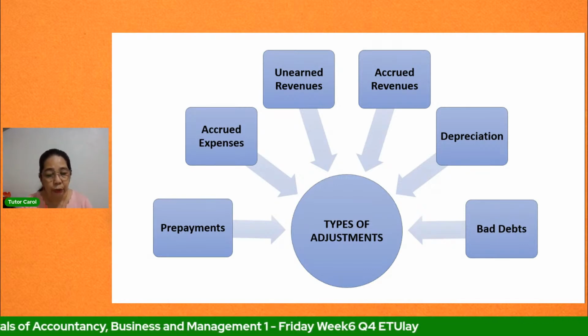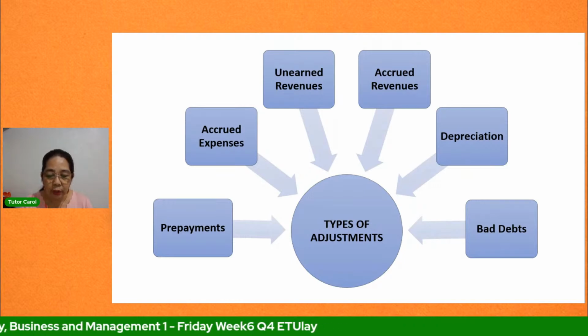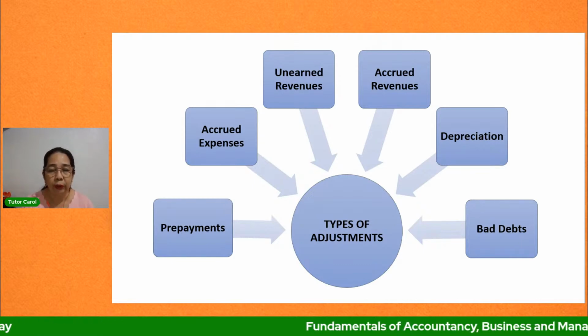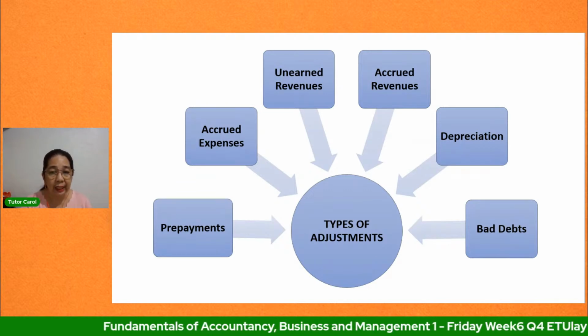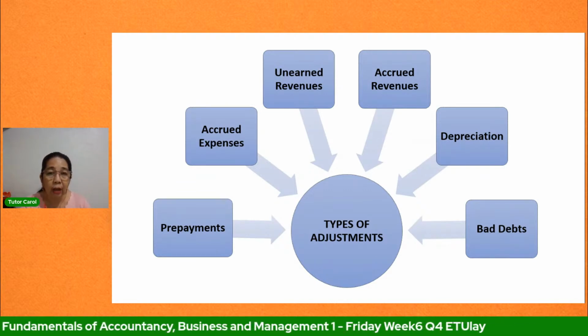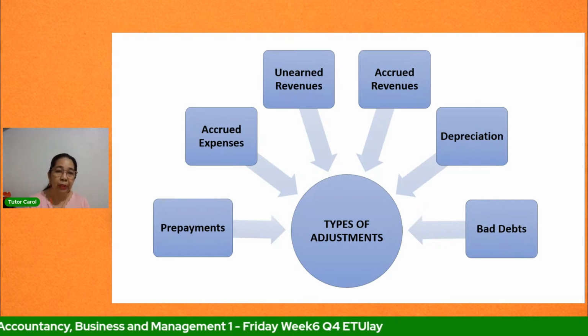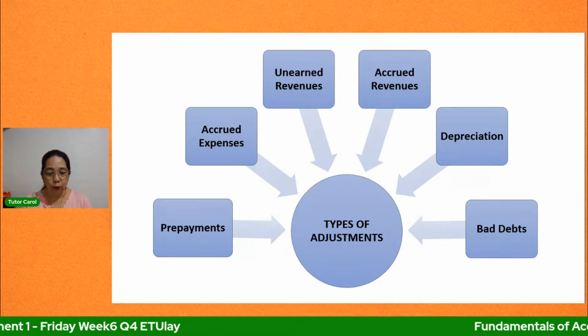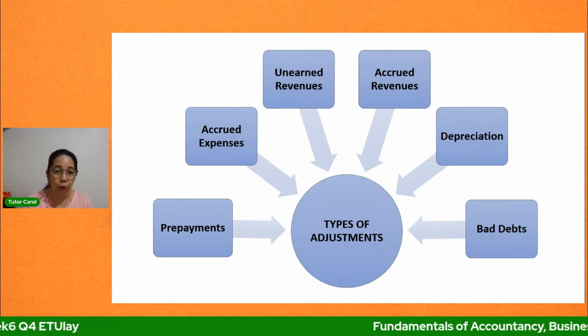Depreciation is the wear and tear of the property, plant, and equipment due to passage of time. And then bad debts are accounts of customers that cannot be collected anymore or doubtful of collection. There are 2 methods also.